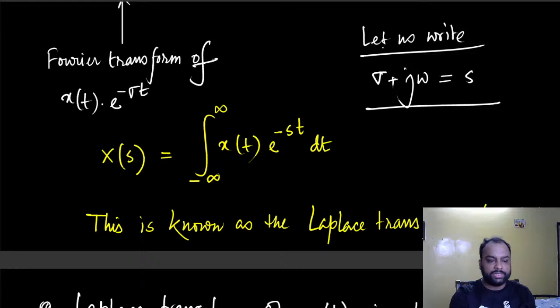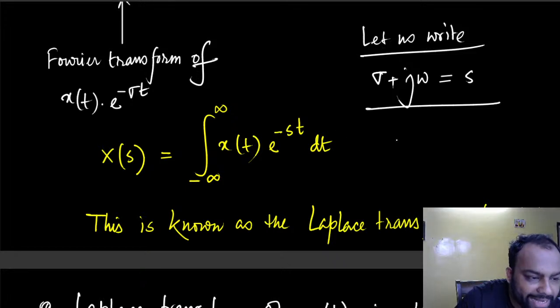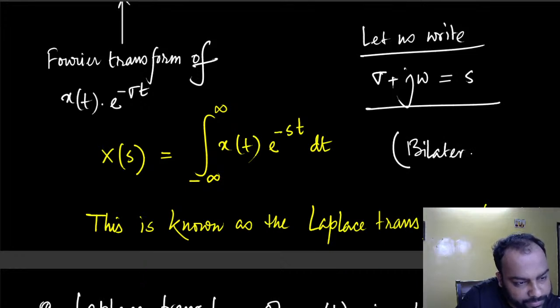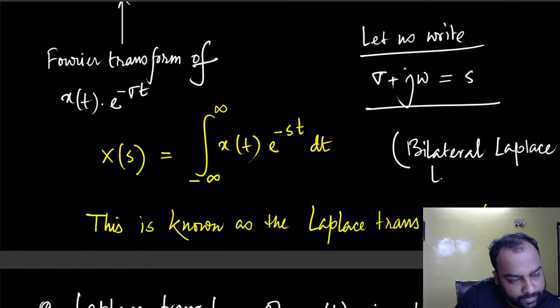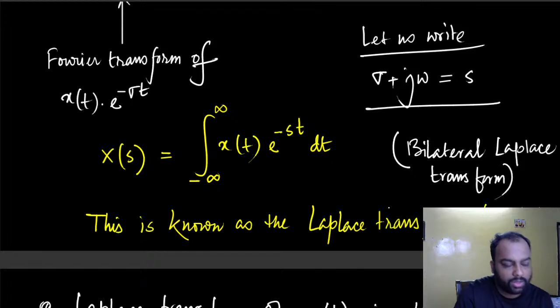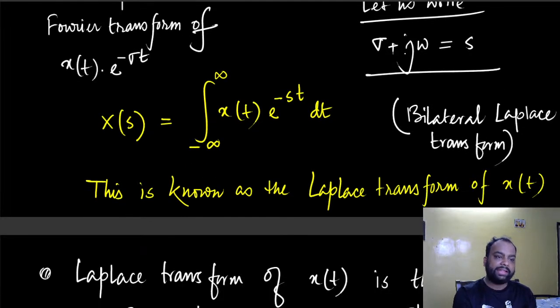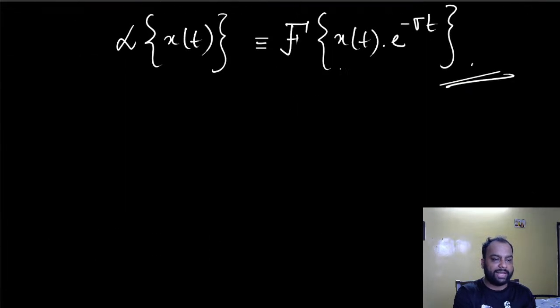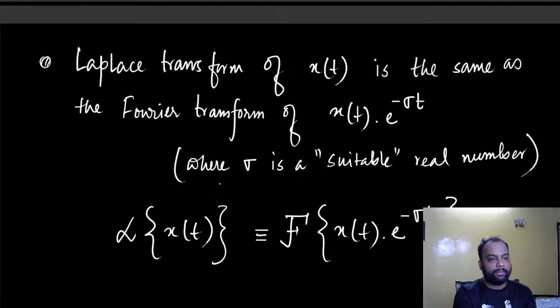Okay, so this in particular is known as the bilateral Laplace transform, and I'm going to elaborate what I mean by bilateral and unilateral in the next class. The significance of s equal to sigma plus j omega will also be explained.